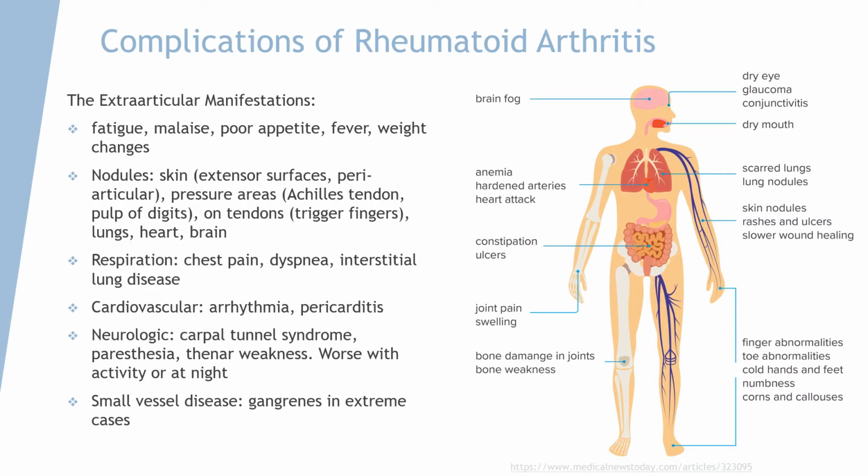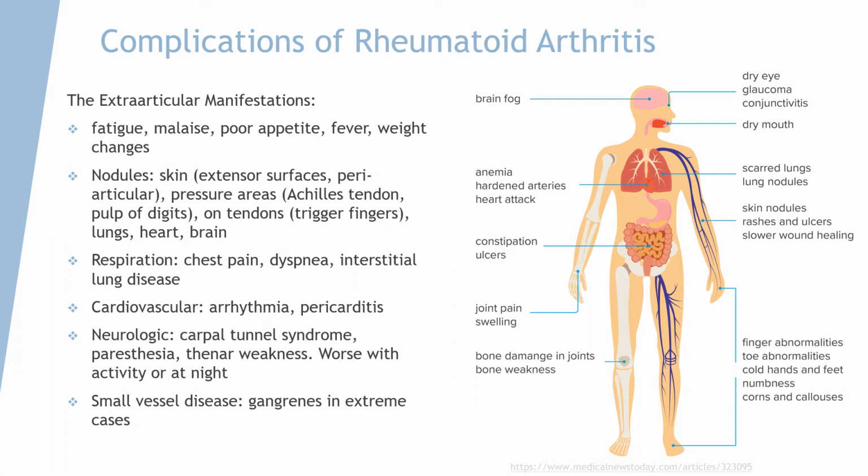So finally, here we are at the extraarticular manifestations of rheumatoid arthritis. What exactly are there? Before I delve into this, this slide does not mean that all the patients with rheumatoid arthritis have all these symptoms.